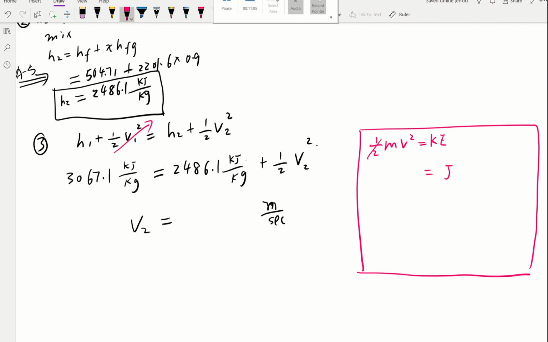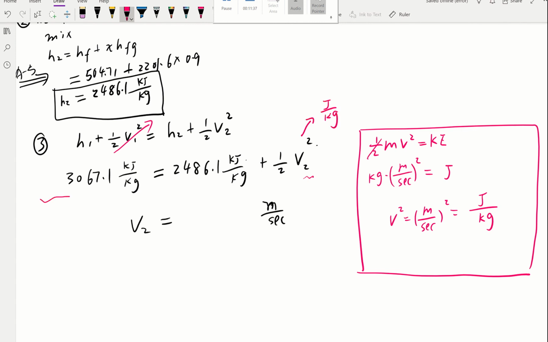Mass is going to be kilogram, and velocity is meter per second squared. So basically, velocity squared, or meter per second squared, is equal to joule per kilogram. So here V squared is going to give us a unit of joule per kilogram.